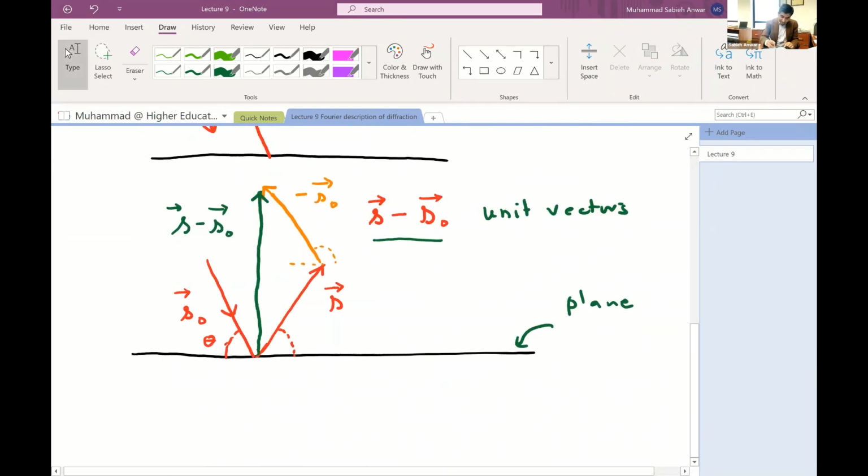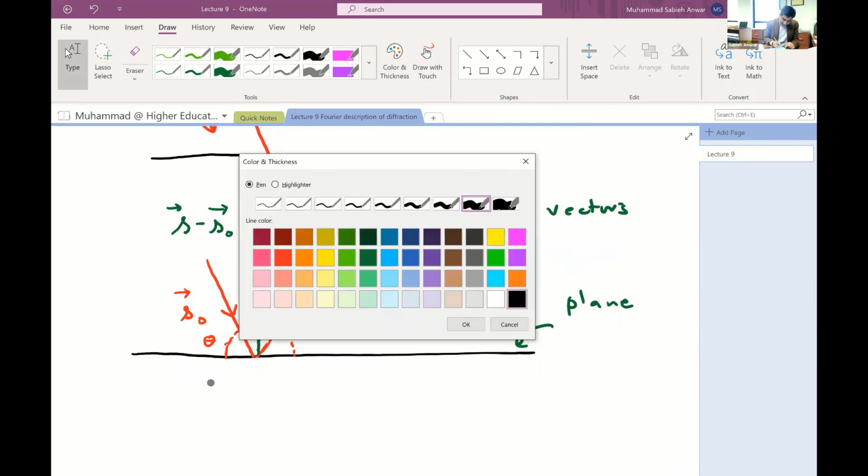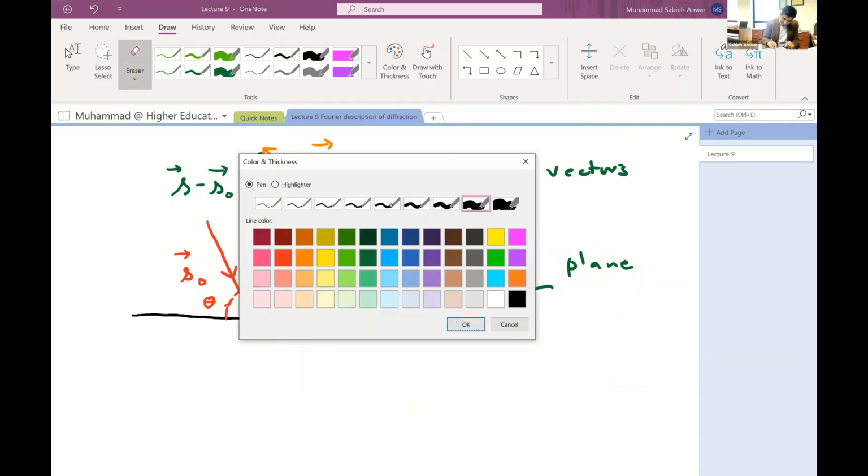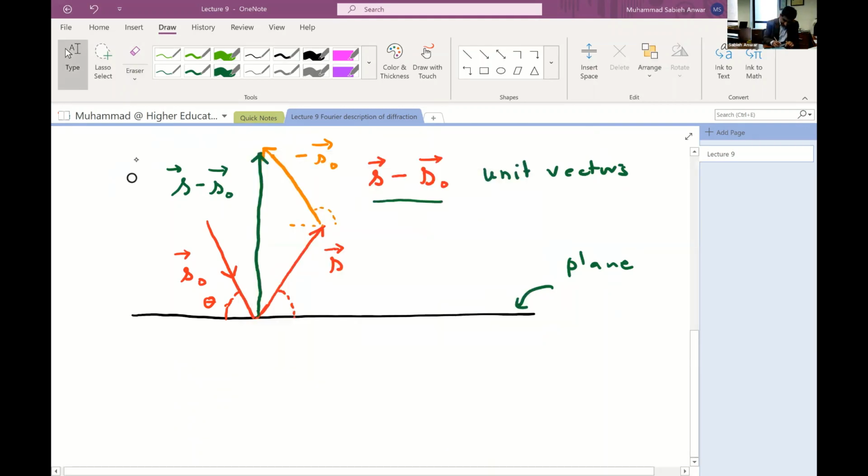We also know from Bragg's law, and we have seen already from our previous lecture, that S minus S naught over lambda is the planar spacing, 1 over d.